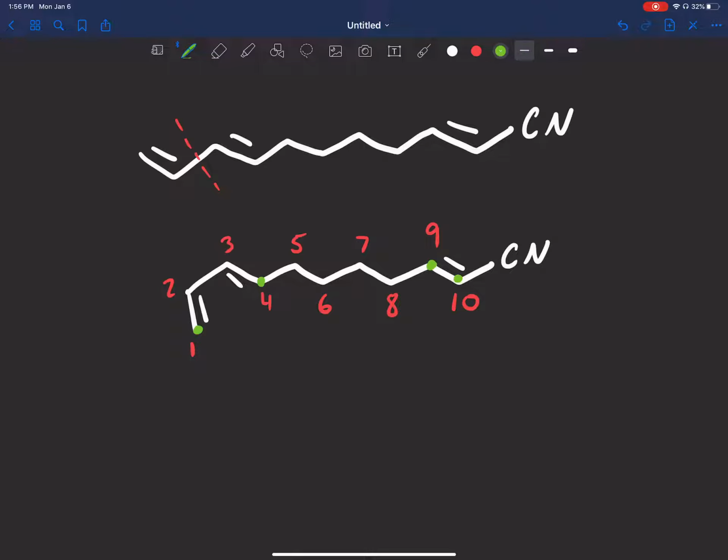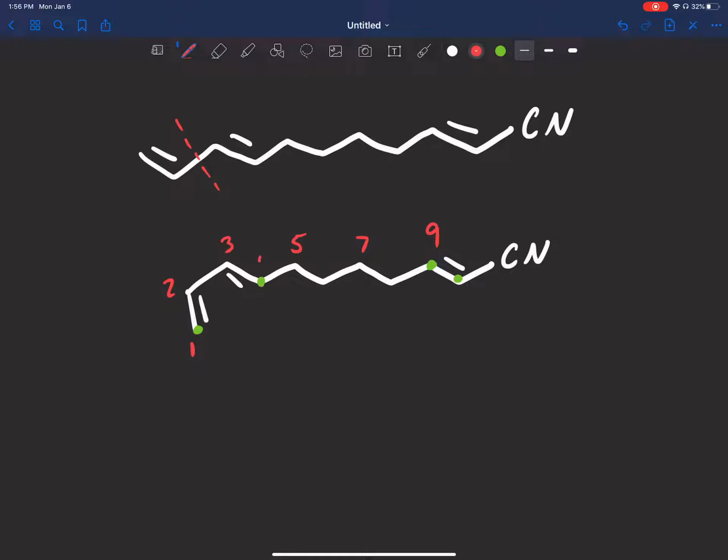Because this is intramolecular, it's a lot easier in terms of the regiochemistry, because we can't create any weirdly formed rings. My strategy was that I connected the closest two carbons and the furthest two carbons, and you'll see why in a second.